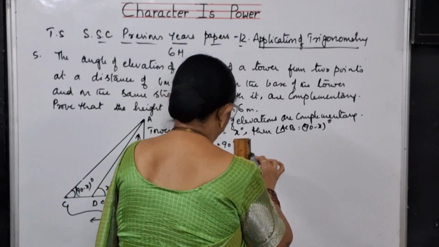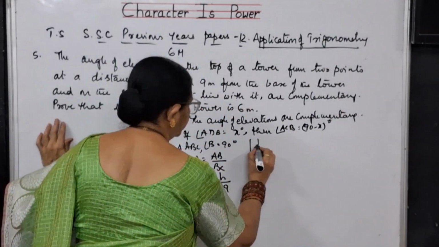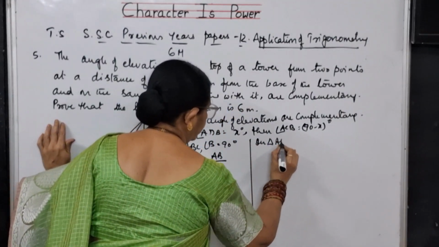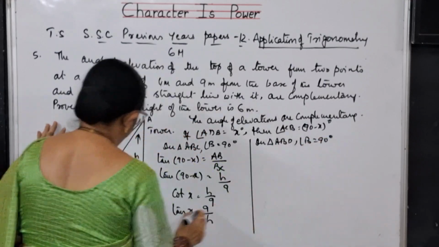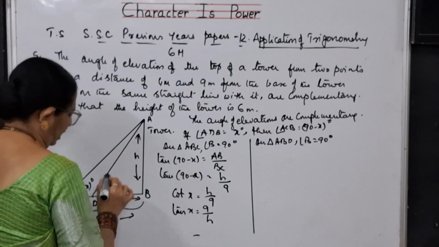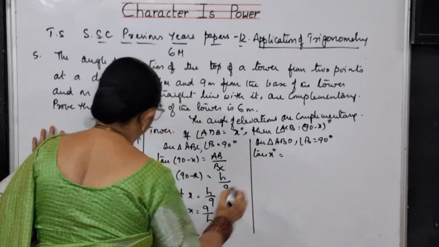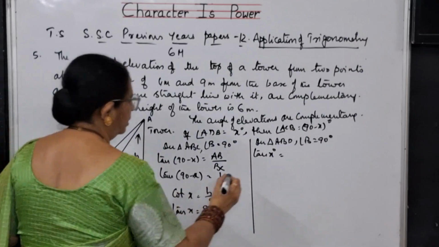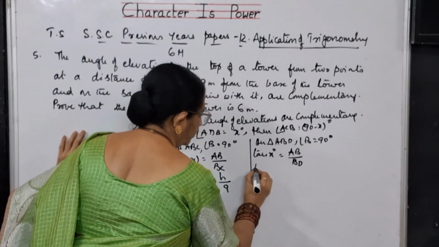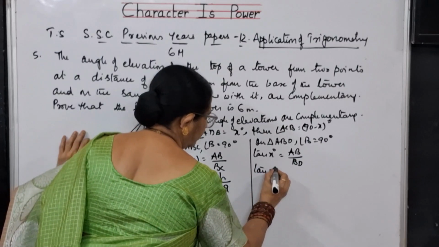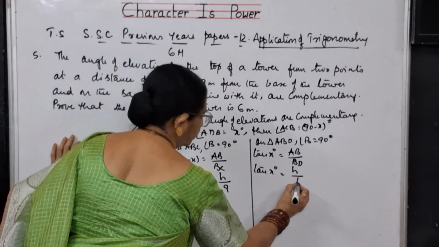Now we go to another triangle ABD. In triangle ABD, angle B is 90 degrees. So tan x degrees is equal to AB by BD. Tan x degrees is equal to h by BD, and BD is 4.